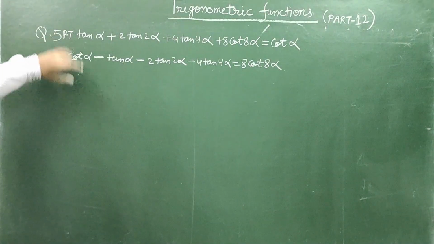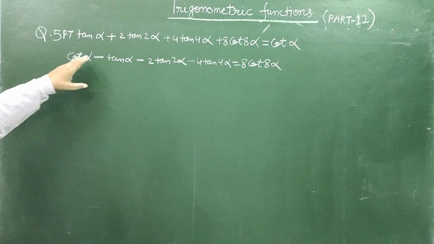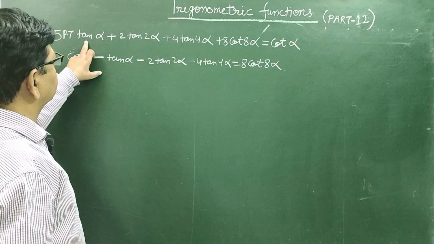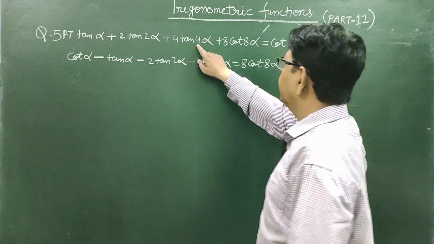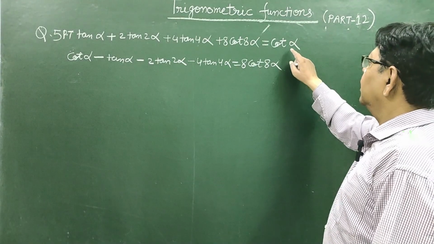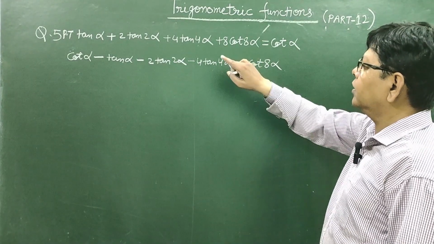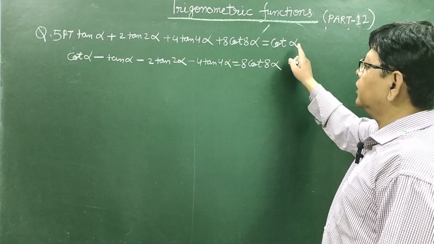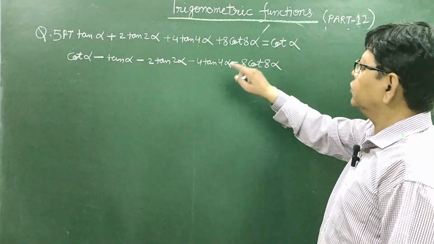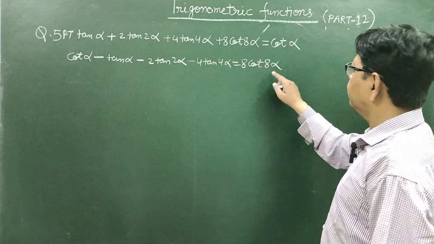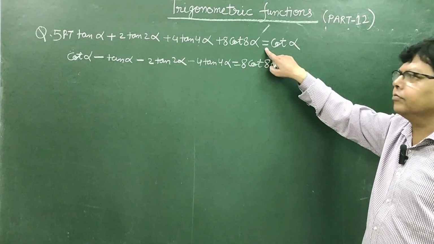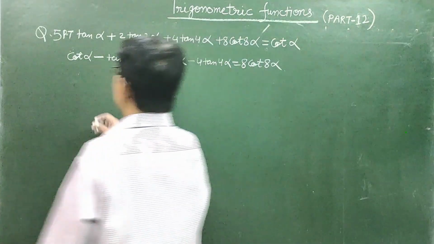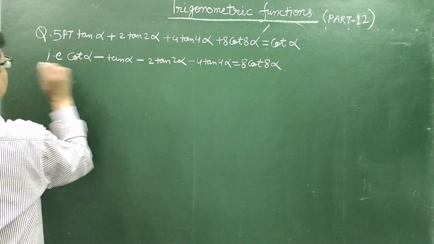Means these are equivalent. If I transpose the other terms tan alpha, 2 tan 2 alpha, 4 tan 4 alpha, means with cot alpha I need tan alpha with it. So transposing the rest of the terms, if I prove this, then this is equivalent to this result. That is, we need to prove this.